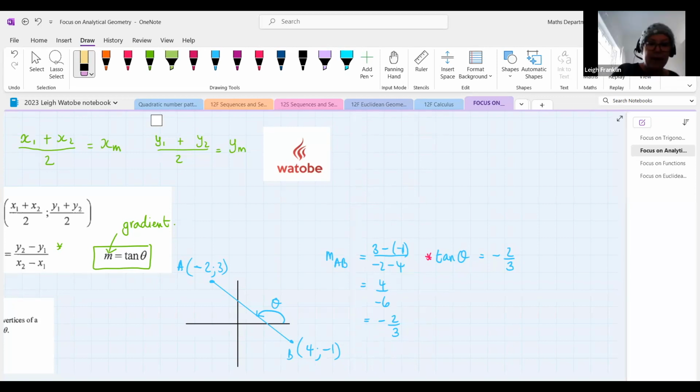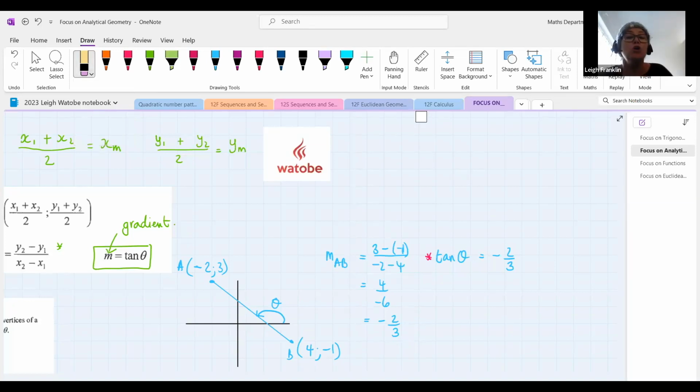So now we go shift tan on our calculators and we put in -2/3. And can you see it gives us a negative angle? The same answer, but a negative angle. Can you see that? Are you getting negative 33,69 on your calculator if you're putting in -2/3 as your yes?